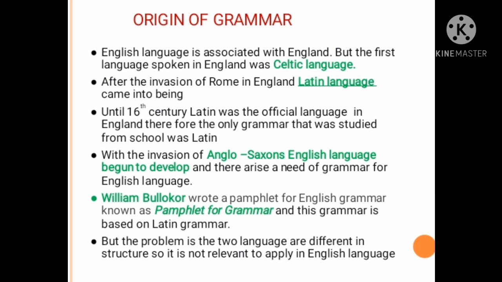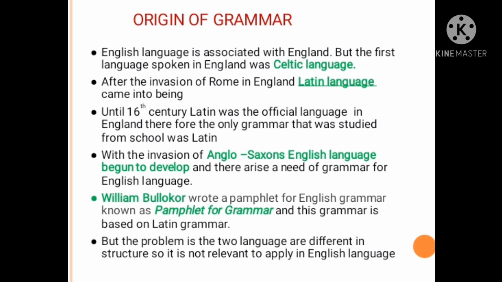Thereafter, until the 16th century, Latin was the official language in England and in the rest of Western Europe. Therefore, the only grammar that was studied in school in those days was Latin. Later, with the invasion of the Anglo-Saxons, the English language began to develop. Therefore, there arose a need for English grammar.